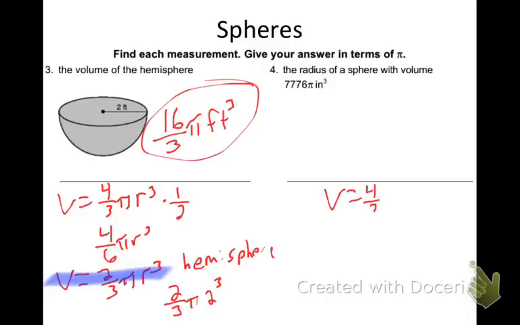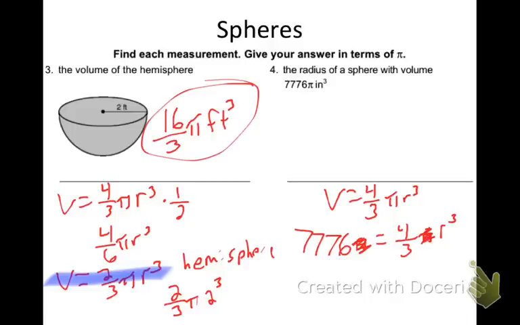So volume is 4/3 pi r cubed. They say the volume is 7,776 pi, and that's equal to the formula. And what's it want me to find? Radius. Okay, so I just need to go backwards and solve. Do both sides have pi in them? So can I cancel off pi? Yeah, pi cancels off.